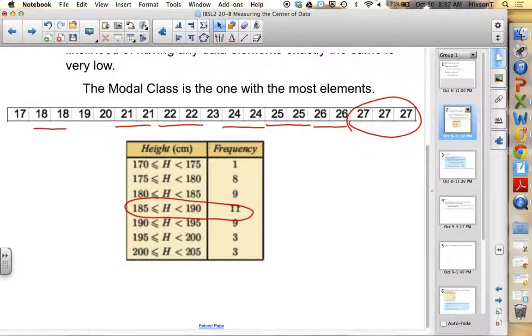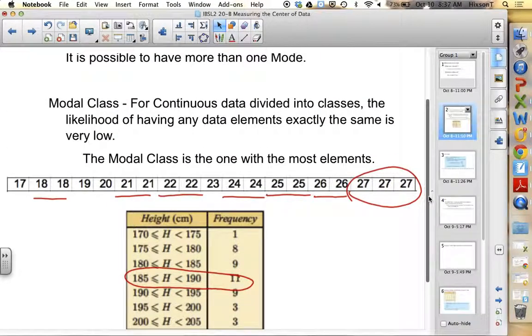All right, so that's one way of defining a center. We're defining the center in this case based on what most items center at, okay? Or what the most items fall on.